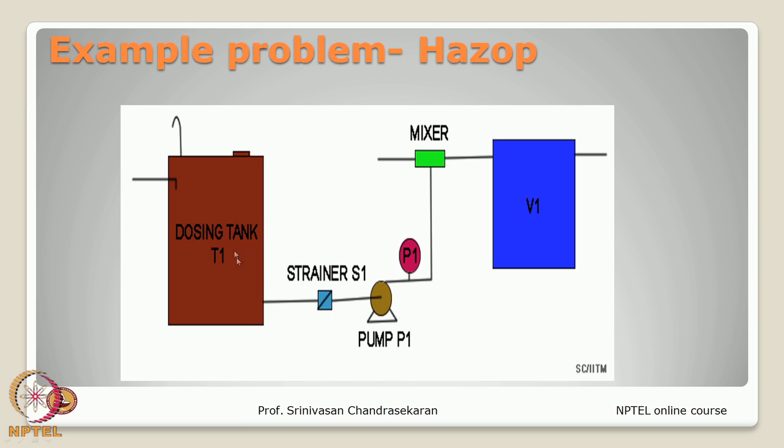Let us say I have a dosing tank T1 which has a specific capacity and receives input from a specific line. It is a symbolic indication.